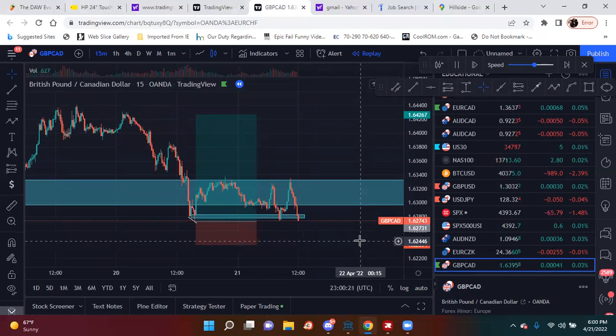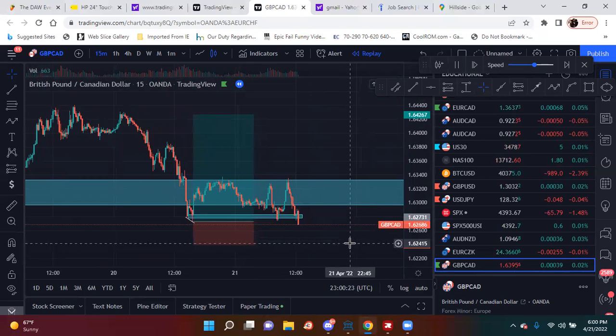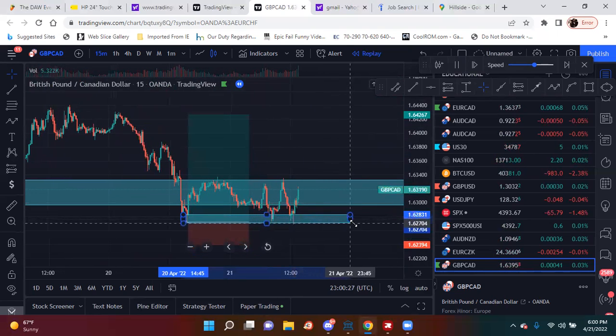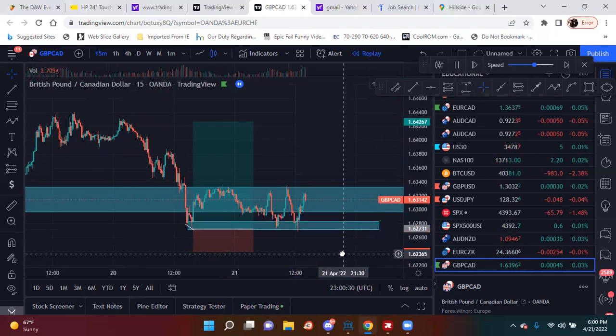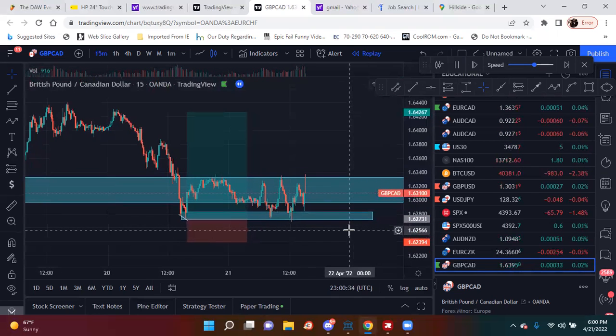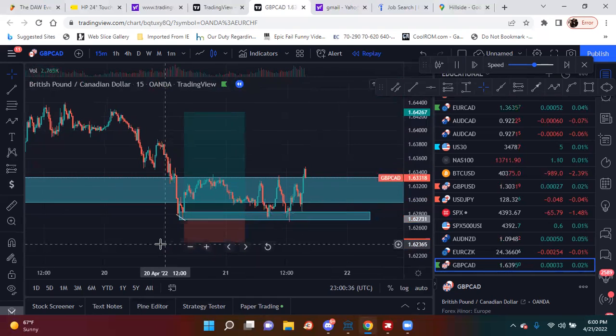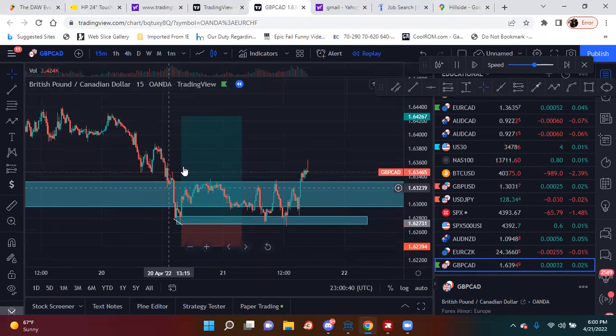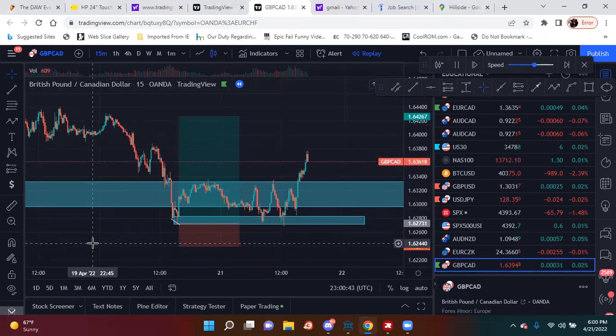I already knew what was going to happen. See, it came back again. See, it kept touching this zone, that M1 zone. Could have got in right there. Could have got in right there. It tapped it one more time. And this is what happened when New York session came. A lot of this is New York session.